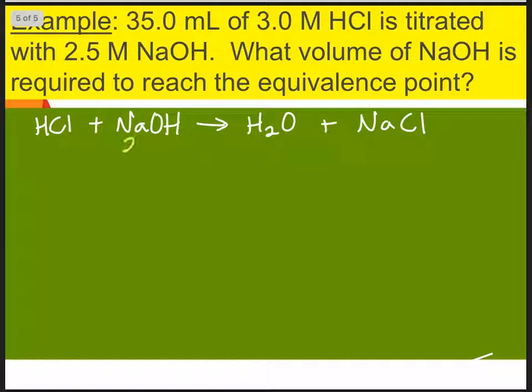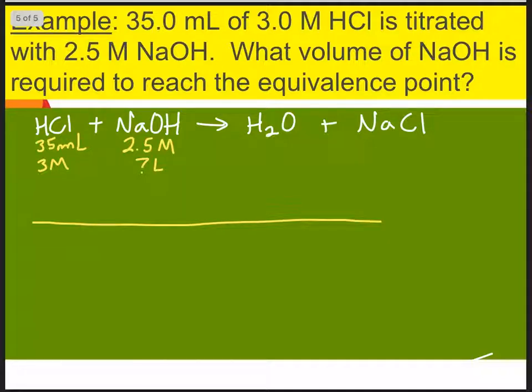I have a 2.5 molar solution. I'm looking for the volume. And that could be in liters just because molarity is in liters. I'm given 35 milliliters of a 3 molar solution here. Let's do dimensional analysis and figure this out.